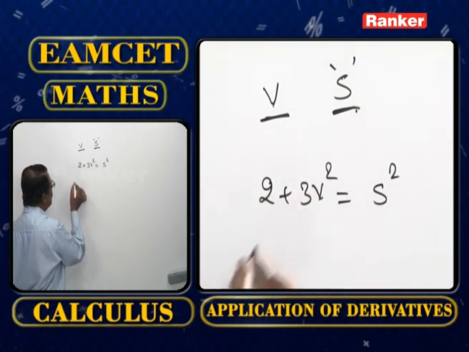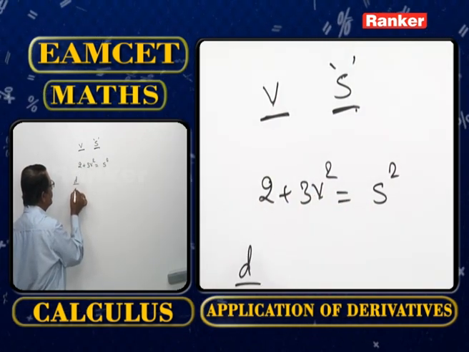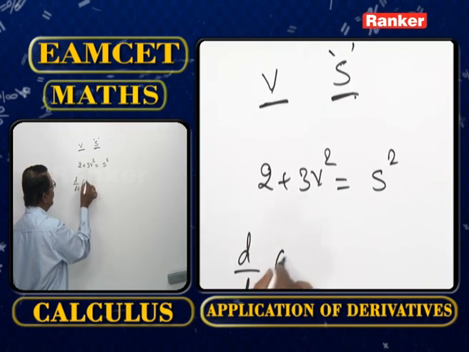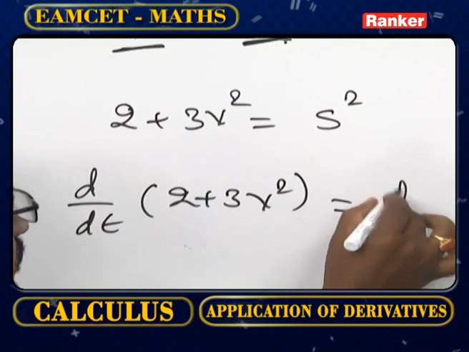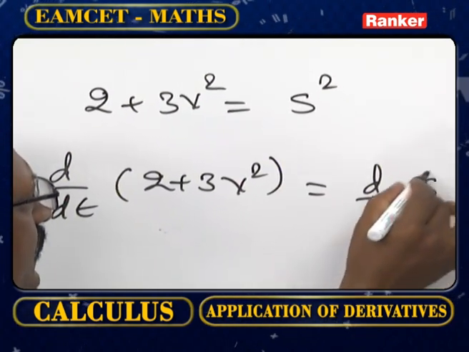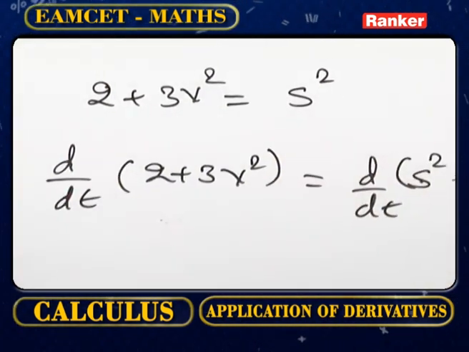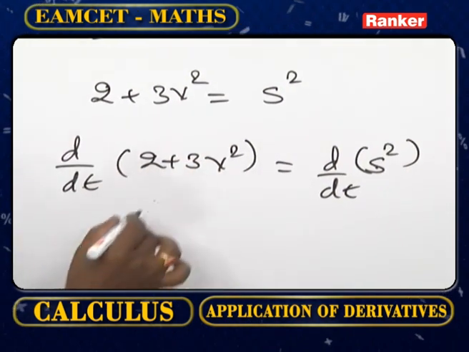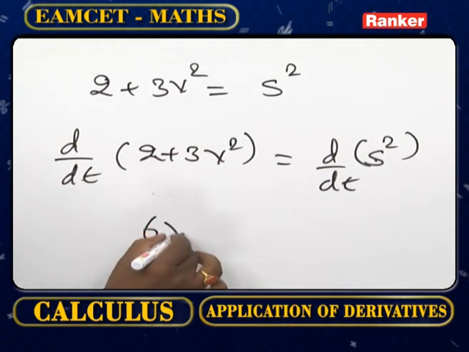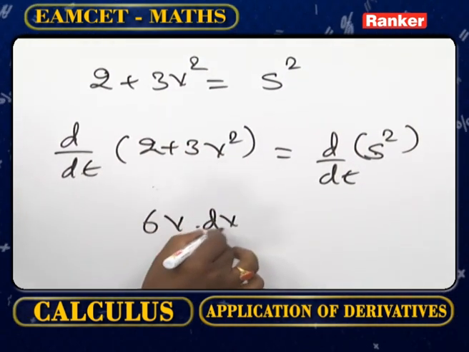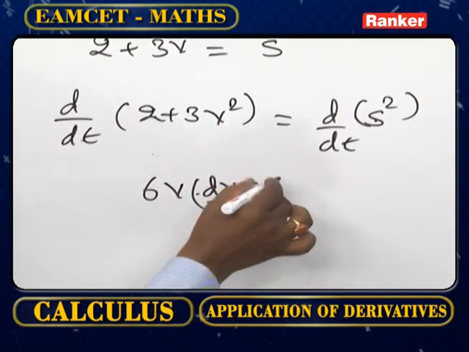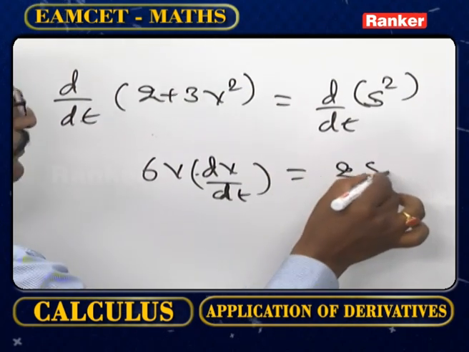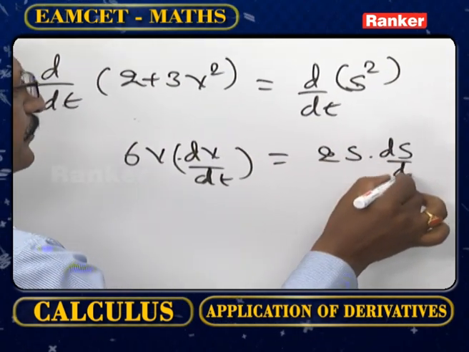Differentiating with respect to t on both sides, d by dt of 2 plus 3v square equals d by dt of s square. Now 6v into dv by dt equals 2s into ds by dt.